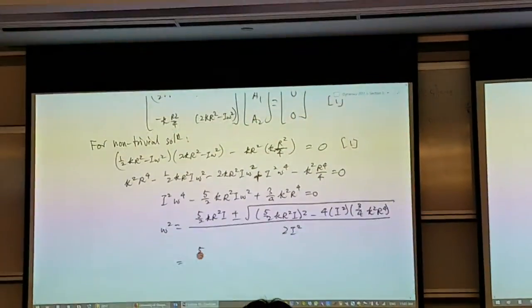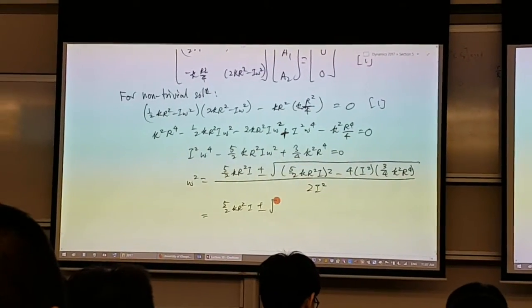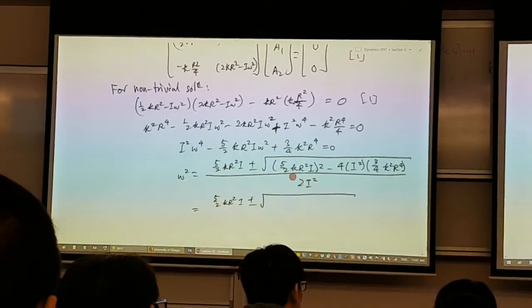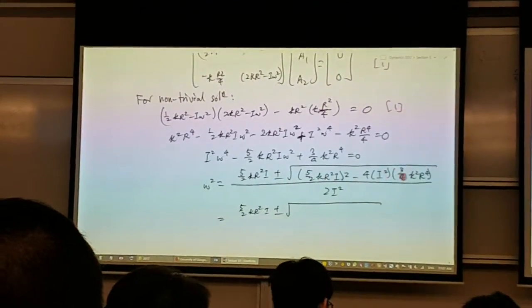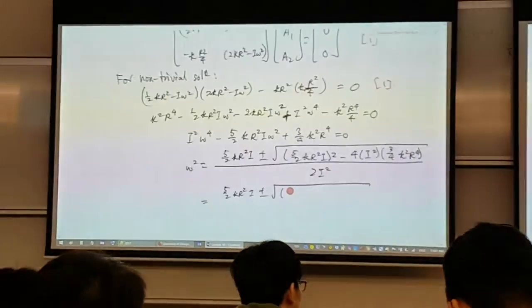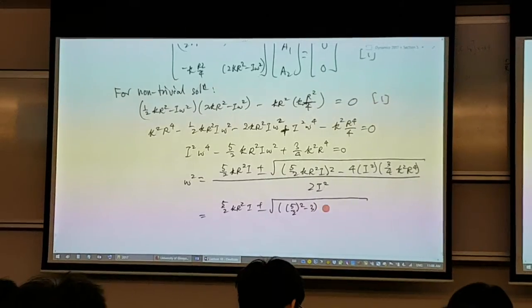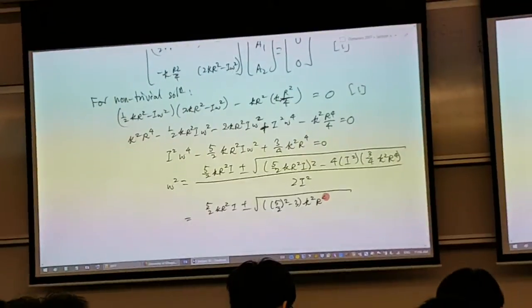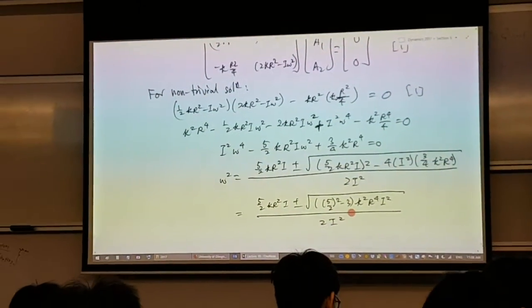So this plus minus square root. Now this part here, you can see that the two terms over there, they are very similar. Eventually, you work it out. 5 over 2 squared minus 3 k squared r to the power 4 I squared.